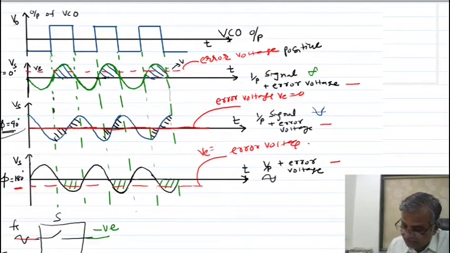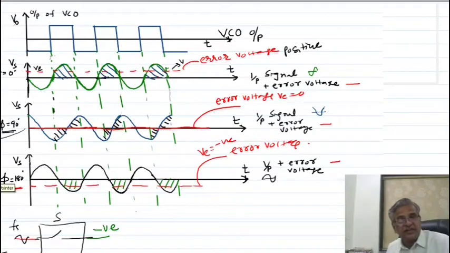So when there is a 180-degree phase shift between this input signal and this, then the error voltage is negative. When this is negative, this will be positive. So I am telling you, 180-degree phase shift.